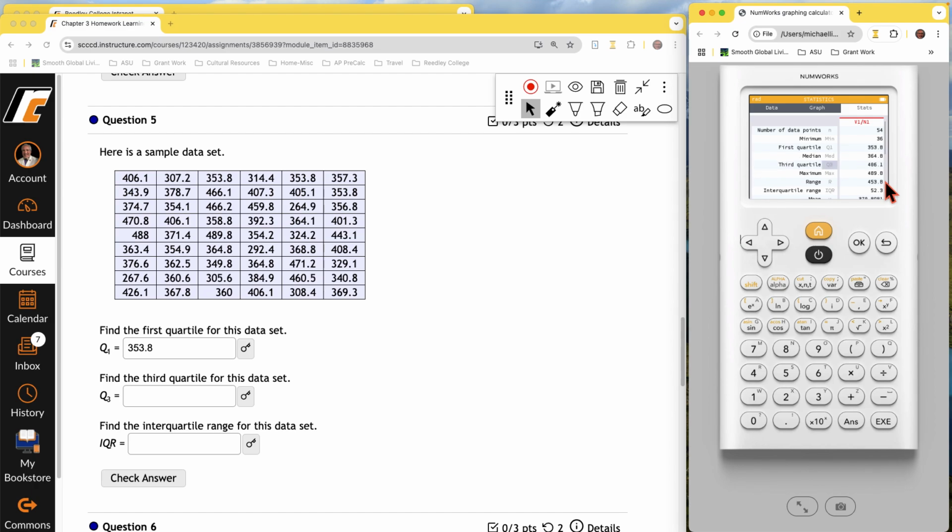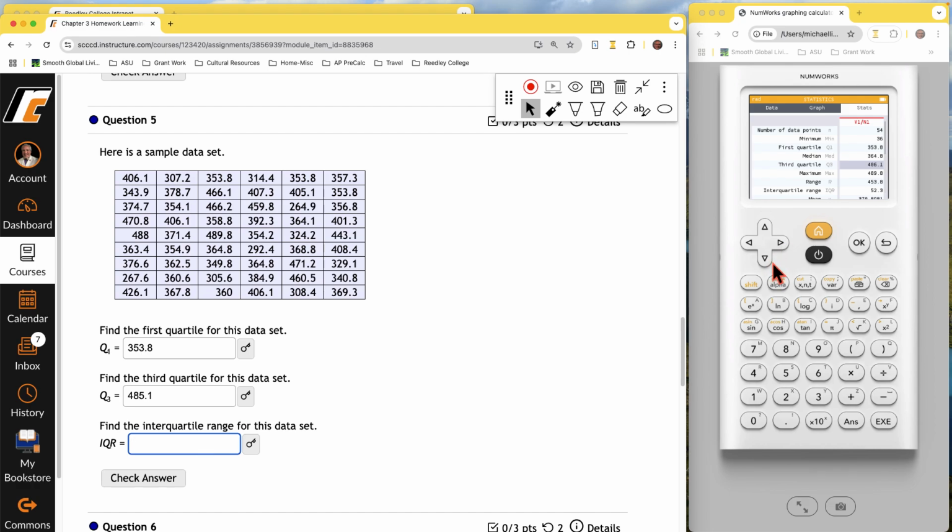Let's see, I think if I go over here, does it help? Maximum 389, so it must be 485.1. And then the interquartile range, that's what I like about this calculator.